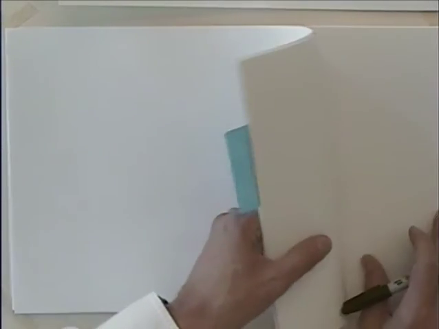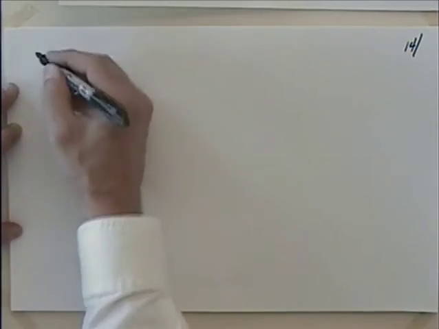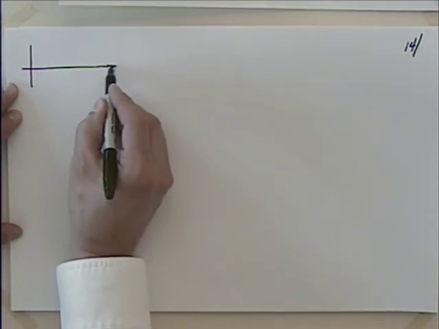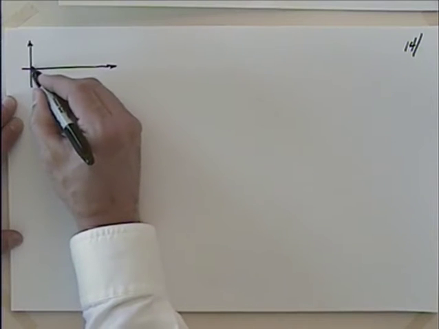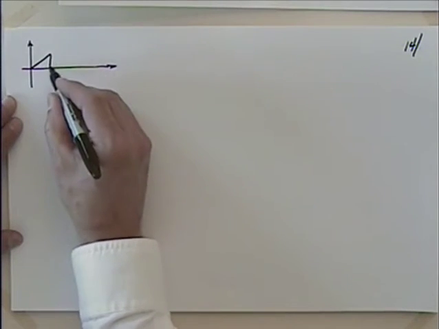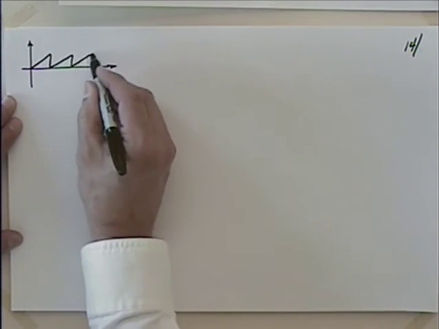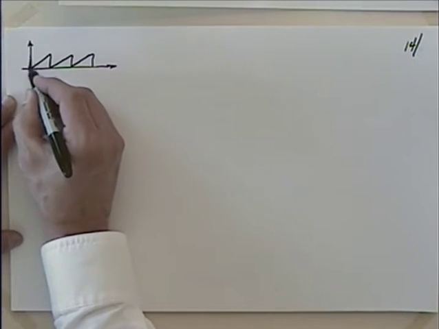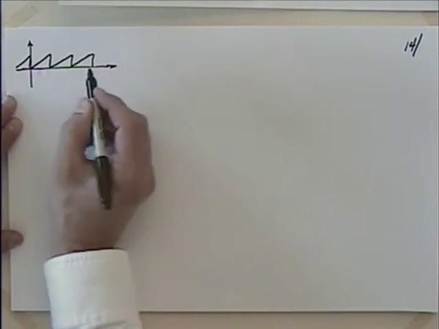So I'm going to start out with a ramp. So we're going to say we have something like this. It comes up, it drops down, up again, down, and so on. And I guess it was doing that since the beginning.